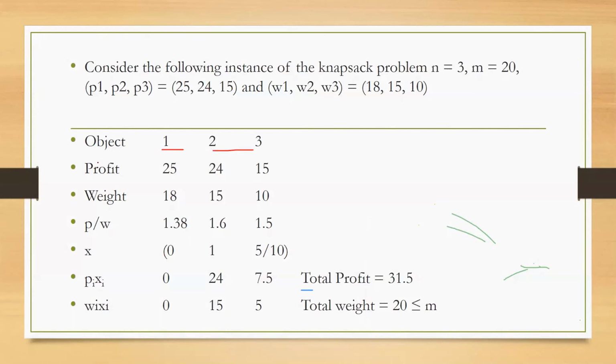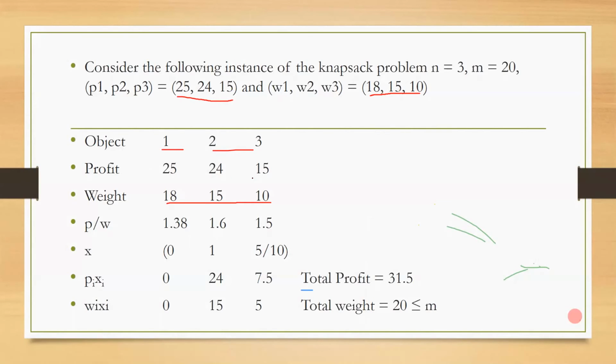So we are in the first step. Below that, write the profits of all the 3 objects: 25, 24 and 15. And below that, the weights of the 3 objects, given here as 18, 15 and 10. So these are the weights of the objects.